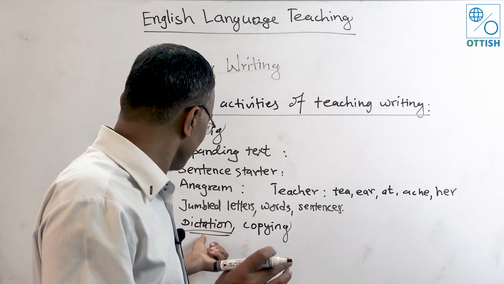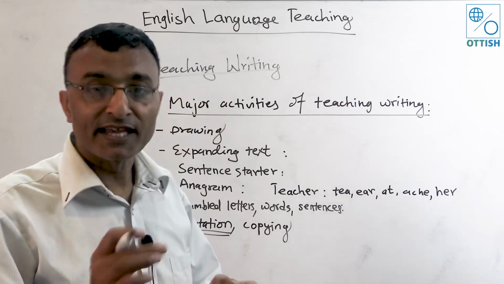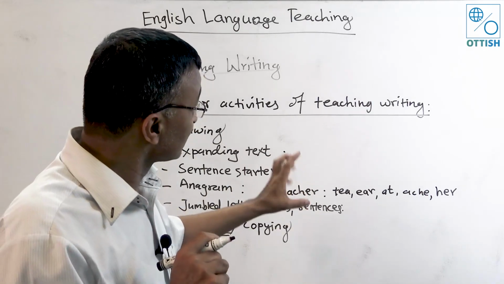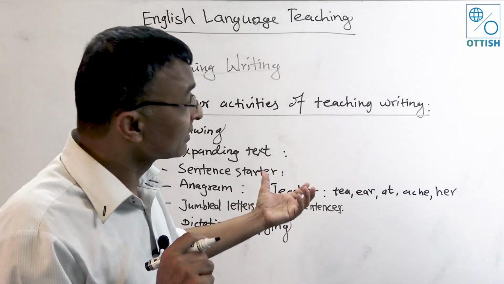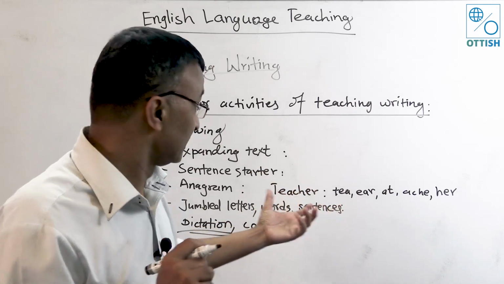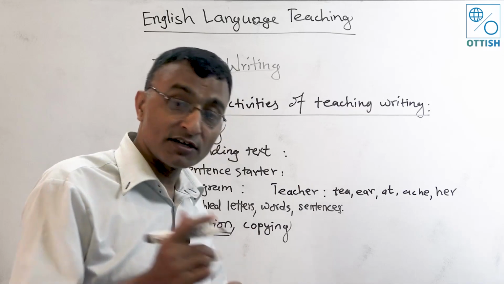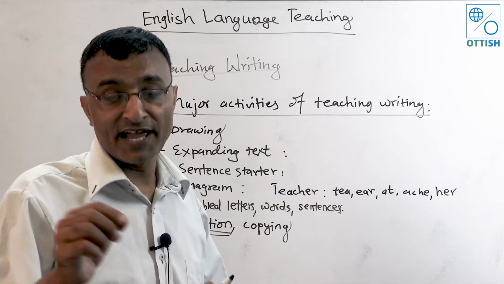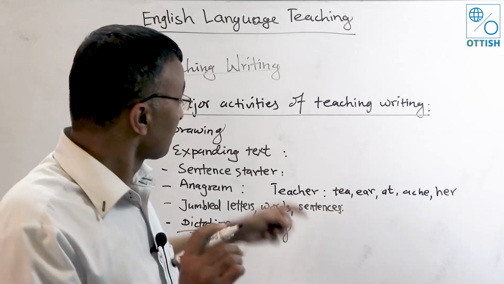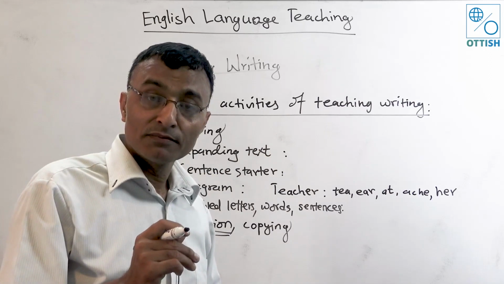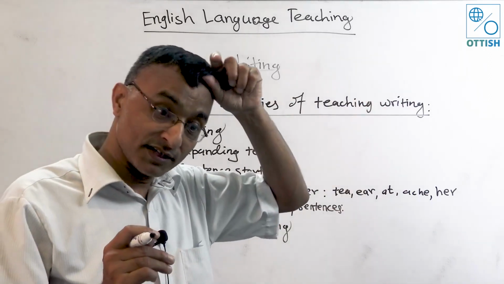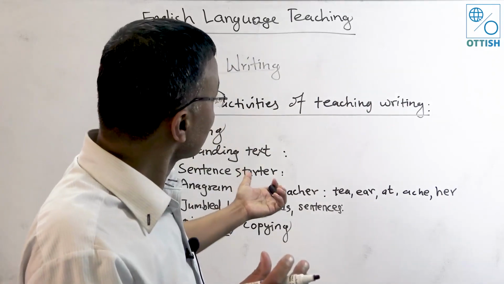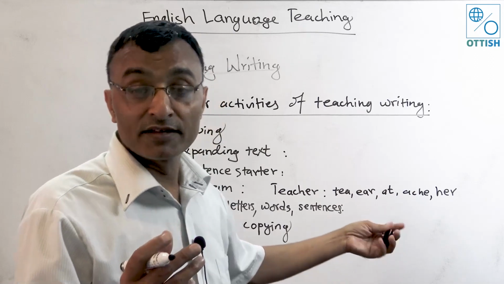Okay, both dictation and copying activities help to develop writing skills and using punctuation marks properly. As the teacher dictates, the students write that text, and later the text can be presented by the teacher through an ICT device or any device, or written on cardboard paper.